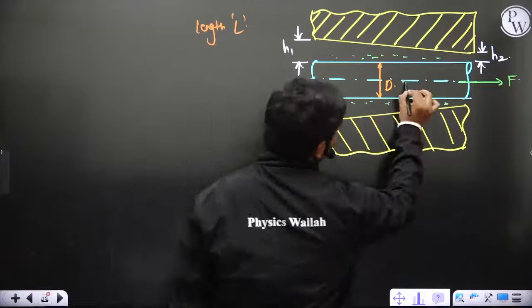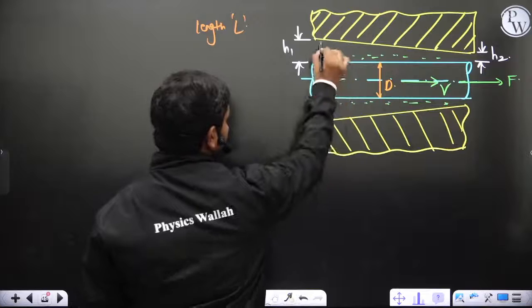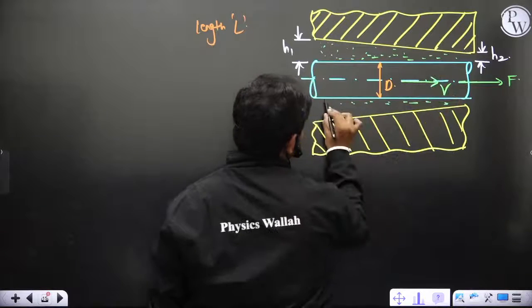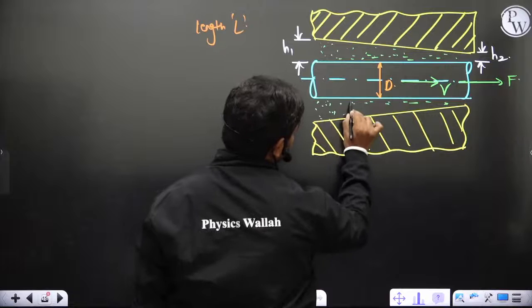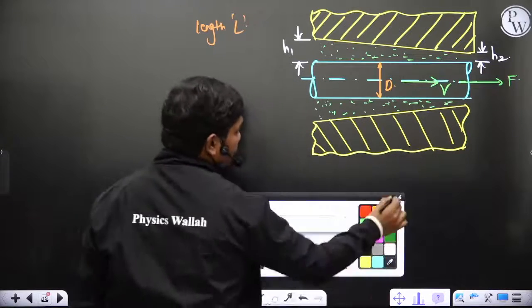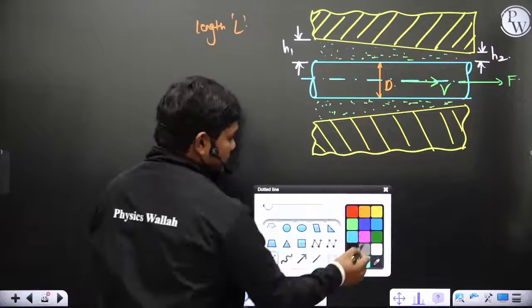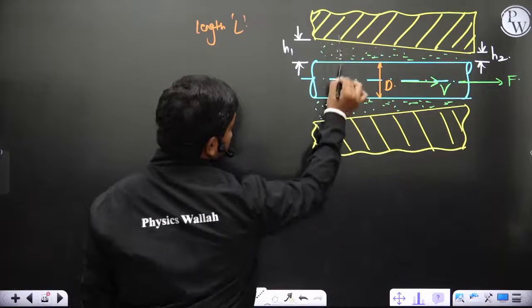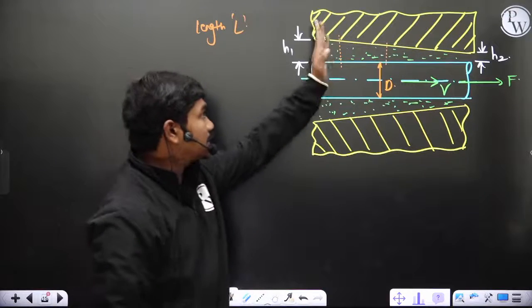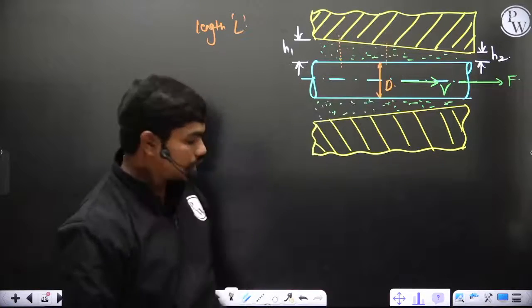Let us suppose this shaft is moving with a velocity V. At all these locations you have the fluid, at every section. Now try to answer these two questions and you will be able to understand this. Let us take these two sections, this is the first section and this is the second section.